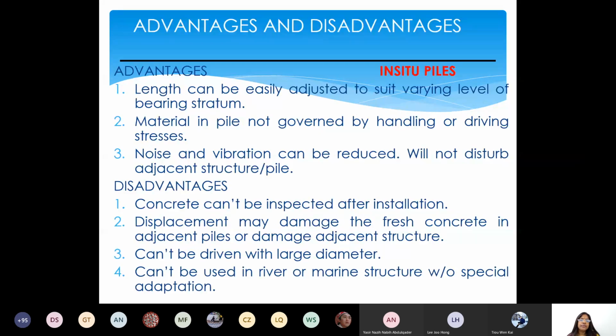Let's see one by one. Advantages. The length can be easily adjusted, right? With prefabricated piles, you cannot adjust it and you cannot choose the material. Unfortunately, if the contractor supplied all concrete or all wood, you have to live with it, and you have to choose the appropriate section. Sometimes you cannot choose at every stage of the work.